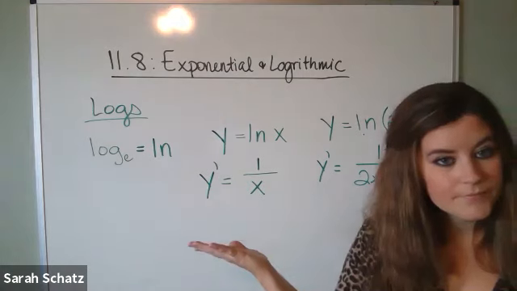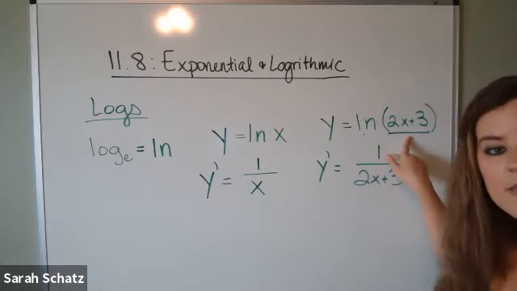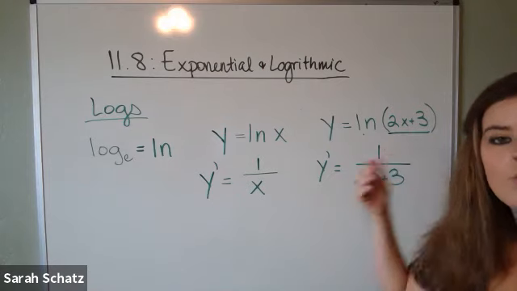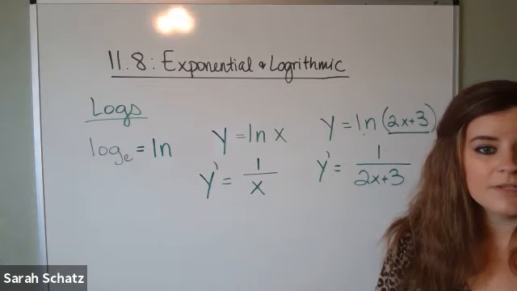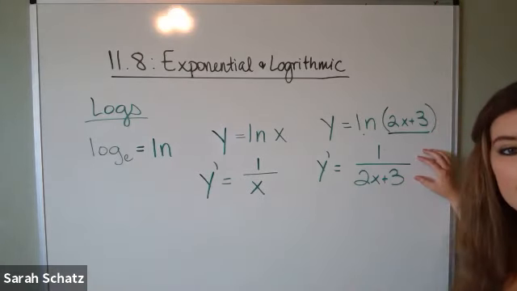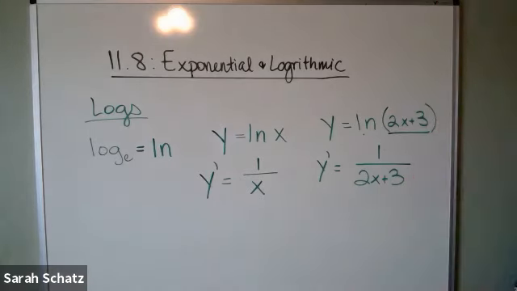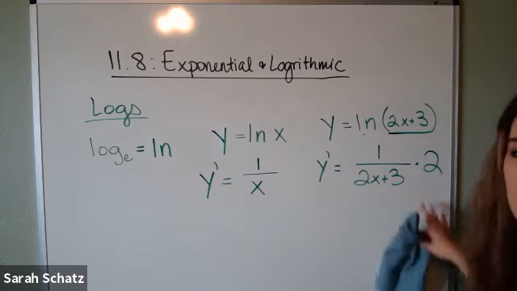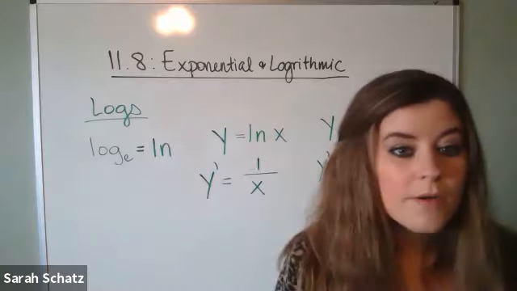But of course, this is not just an x. Because it's not just an x, what do you think I'm going to do with that? I'm going to find its derivative, and I'm going to multiply it by this. So you guys, what's the derivative of 2x plus 3? Isn't that just 2? So you're just going to have a times 2, but you have to be careful about where you put this 2. This is not a 2 on the bottom, right?